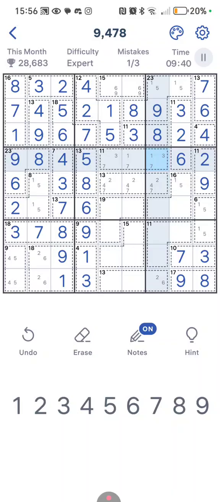Okay. Okay, this is going to be 4 and 4. But where else? When in doubt, just scan.